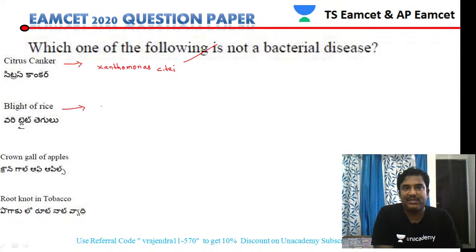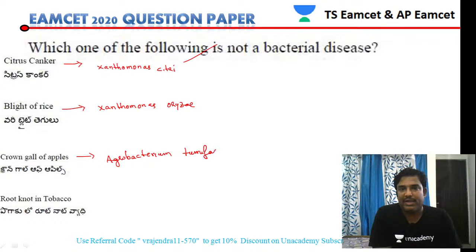Blight of rice is also caused by bacteria, Xanthomonas oryzae. Crown gall is also a bacterial disease, caused by Agrobacterium tumefaciens. So citrus canker, blight of rice and crown gall are bacterial diseases. The last one is not a bacterial disease.